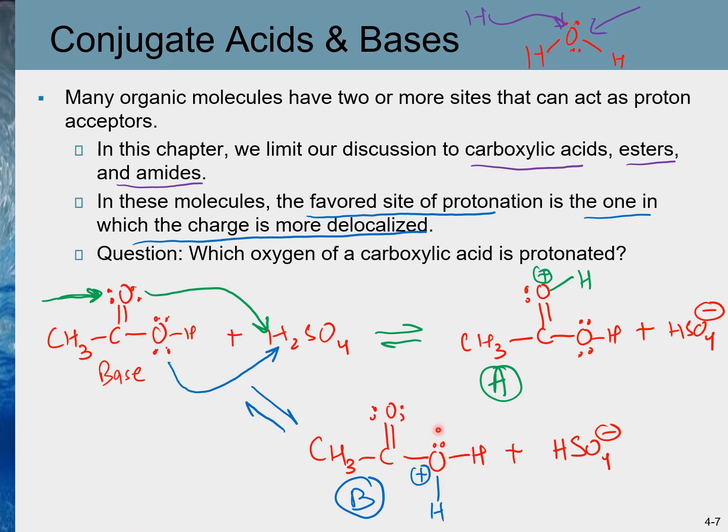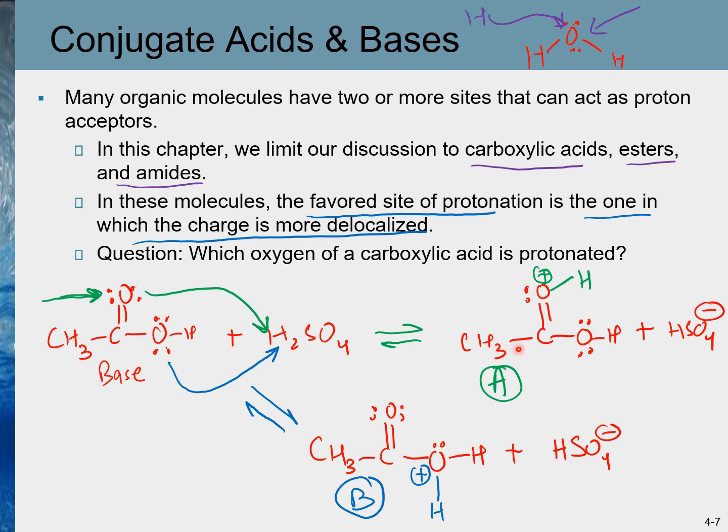Now oxygen is a pretty highly electronegative element, and oxygen would not like to have a positive charge on it. That makes oxygen less stable. So if this charge is delocalized or dispersed in some way, then that species will become more stable.